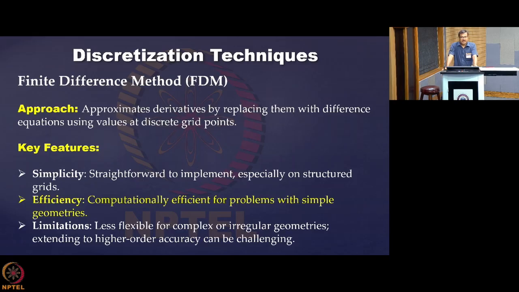Now the efficiency: it is computationally efficient, with simple geometry it is very efficient and gives you quite accurate values. But the limitation is that it is not flexible for complex and irregular geometries, as I told you, and higher order accuracy is a bit challenging. But if you are happy with a reasonably accurate solution, this is really a powerful technique, and this can be done with considerably less complexity.